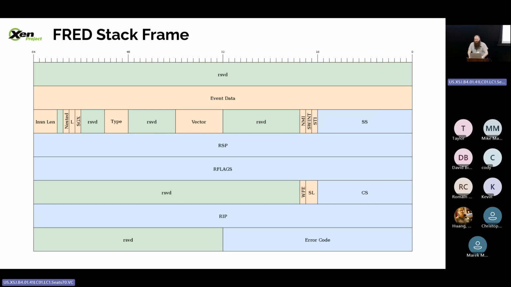Above the code segment, so these bits here, we have the stack level and the wait for end branch. Stack level is new in the FRED architecture. Wait for end branch is fixing a previous bug that existed in the architecture.